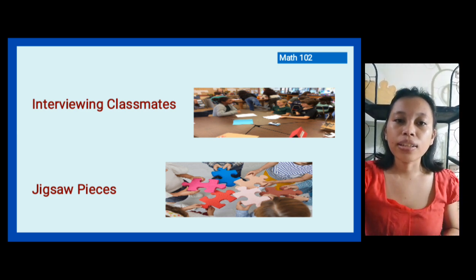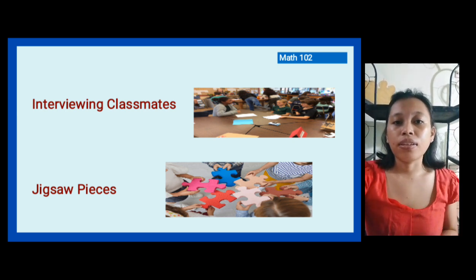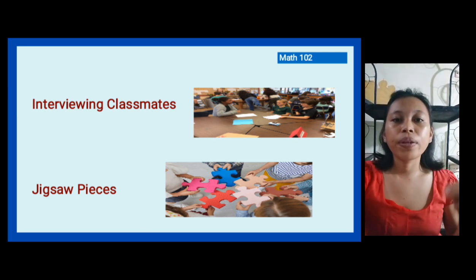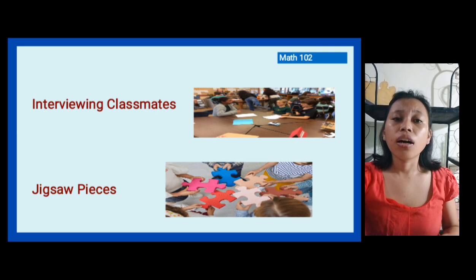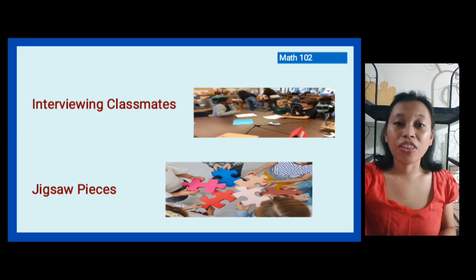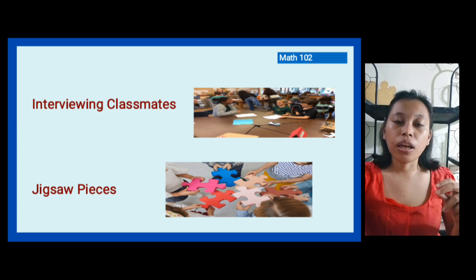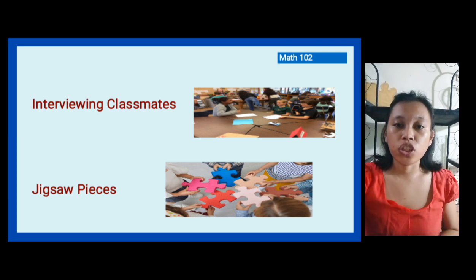And the last one is the jigsaw pieces. One way to improve subject comprehension is the jigsaw method. Each student in a small group is assigned one piece of a larger project to research.